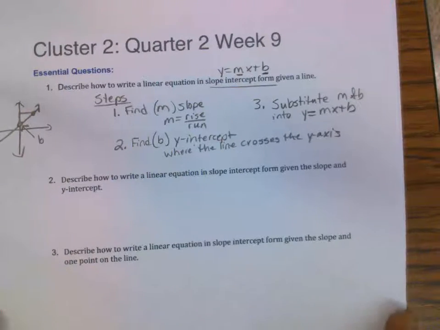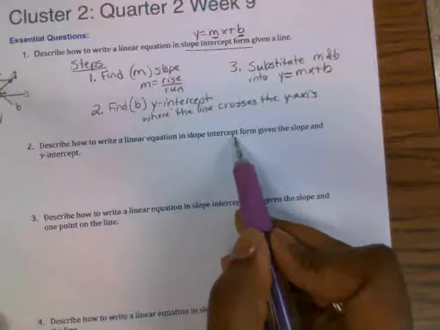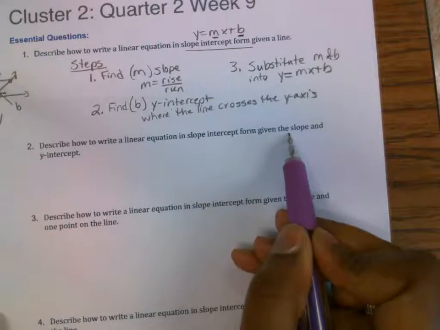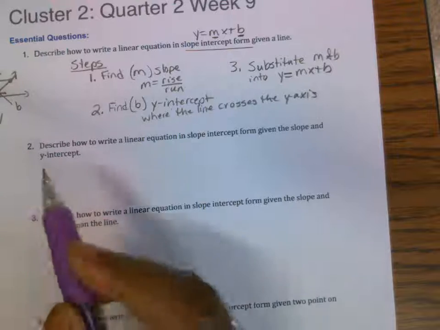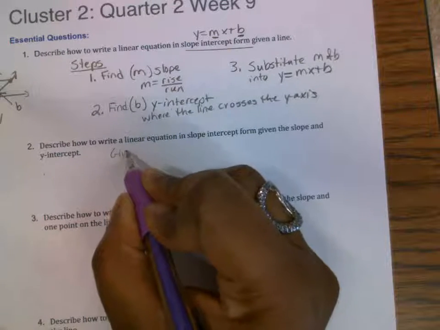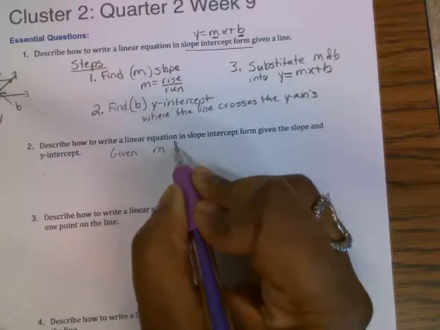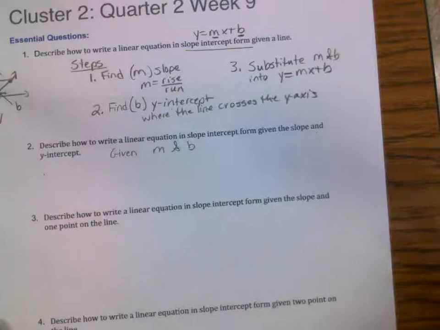The second question is to describe how to write a linear equation in slope-intercept form given the slope and the y-intercept. So this time you are actually given m and you're given b. They give you those numbers.